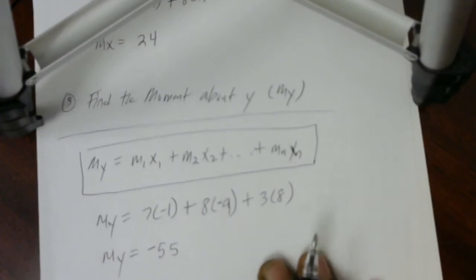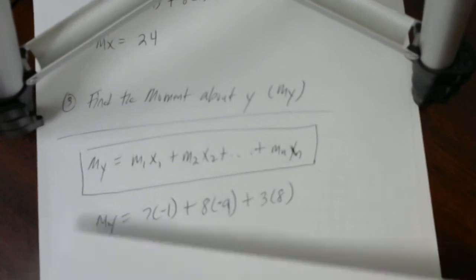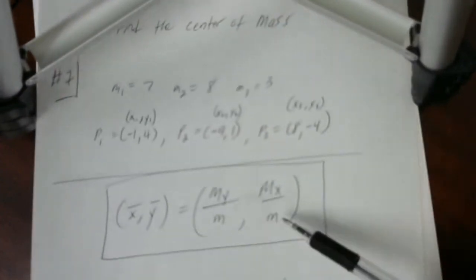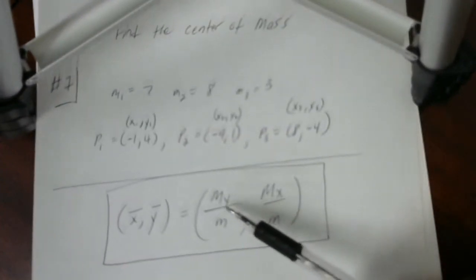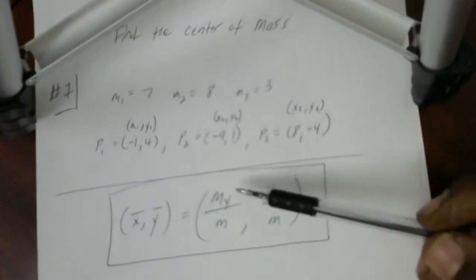All right, so we know the values for m. We know the values for the moment about y and the moment about x.